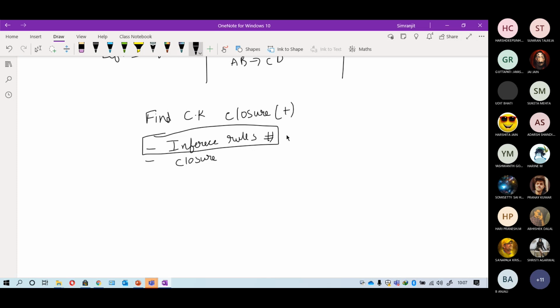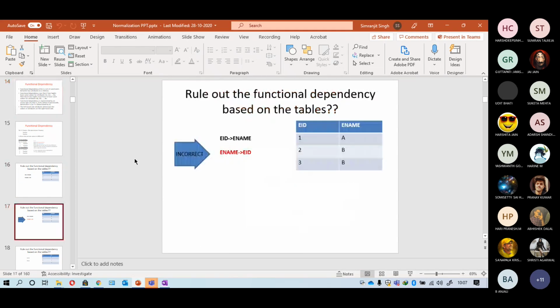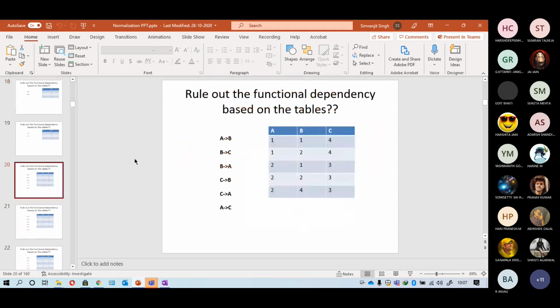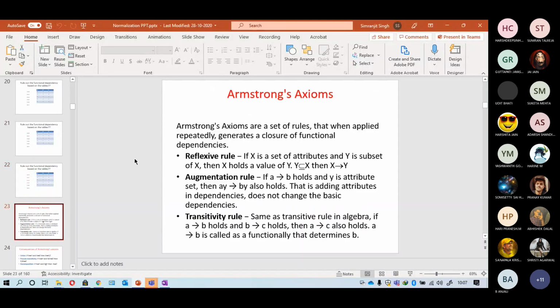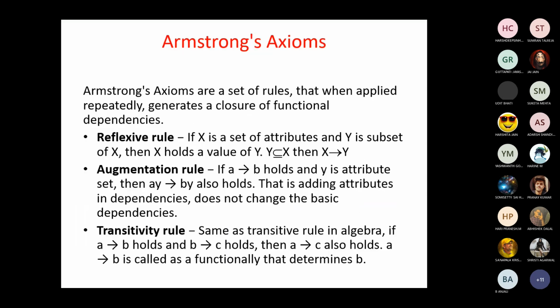I'm just telling you what the inference rules are so that you understand what they actually are. The inference rules are given in this PPT, along with some examples of FDs. These are referred to as Armstrong axioms, or inference rules. The first inference rule is the reflexive rule. Again it is talking about the trivial part.